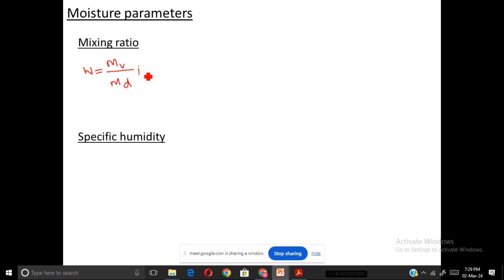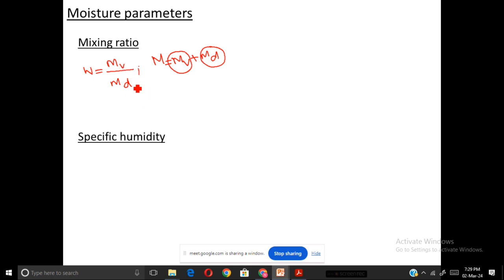Suppose if there is a parcel which is having a total mass of m and it has mv, the total mass is basically the mass of water vapor plus the mass of dry air. So the ratio between mass of water vapor present in the atmosphere by the mass of dry air is basically known as the mixing ratio, which is represented by W.